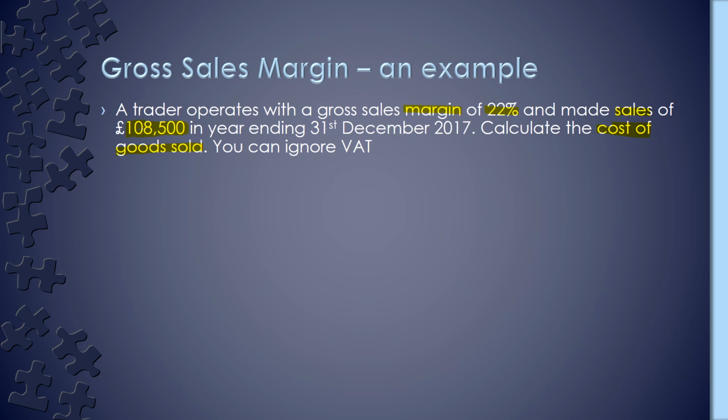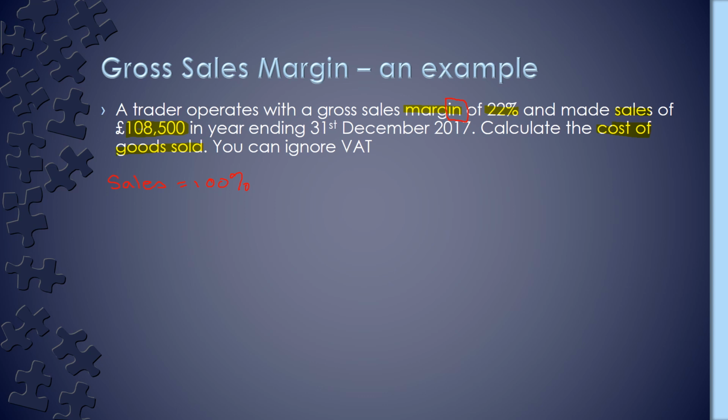So how are we going to do this? Let's go back to the start. As we're using margin, we need to say that sales equals 100%, because everything's going to be based on the sales price.